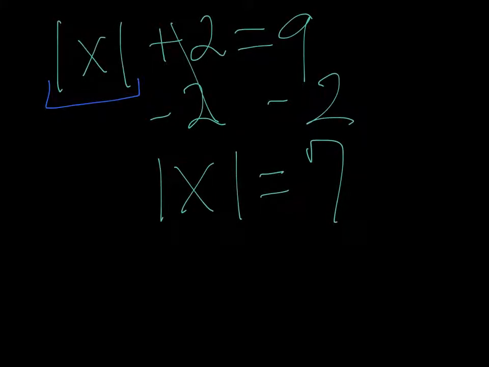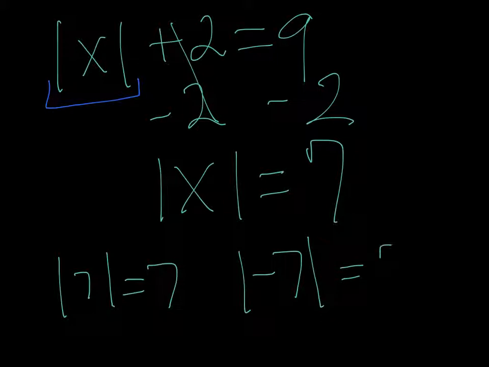So we have two different possibilities, right? Because the absolute value of 7 equals 7, and the absolute value of negative 7 also equals 7. So x is equal to both 7 and negative 7.